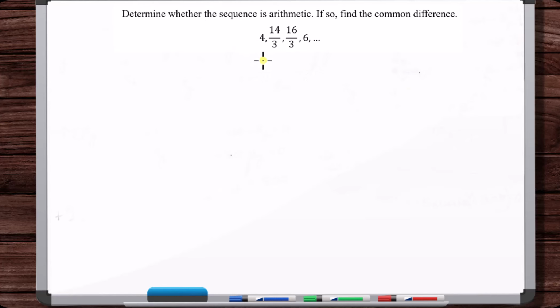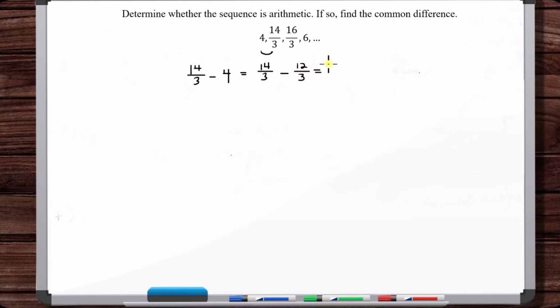Okay, same problem. Determine whether the sequence is arithmetic. If so, find the common difference. So we just subtract term 1 from term 2 to see what the difference is between the two. So we've got 14 thirds minus 4, which is 14 thirds minus, turning 4 into a fraction, 4 times 3 is 12.